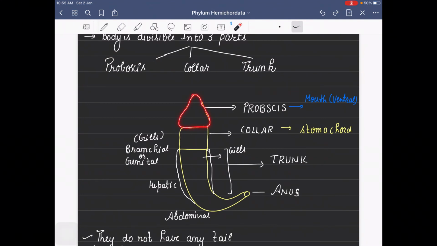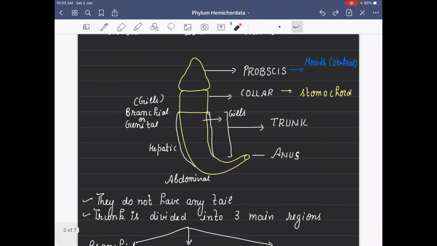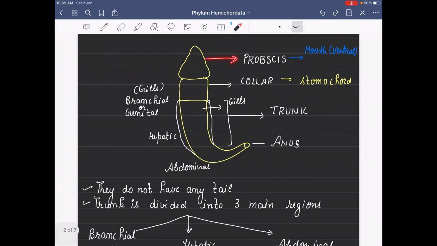Then there is a square shaped structure in the middle, which is known as collar, and at the end there is our long trunk. They do not have any tail at the end, where the anus is placed. So the parts are proboscis, collar, and this whole area is trunk.